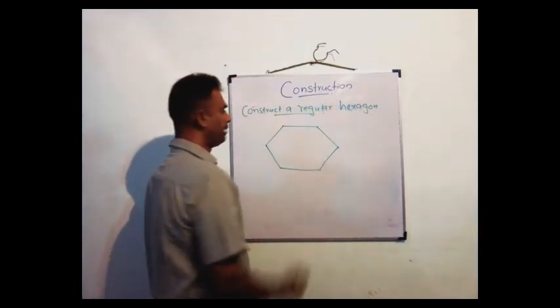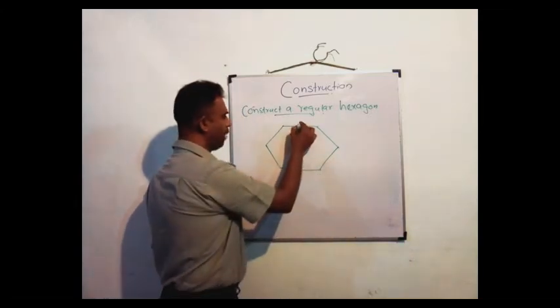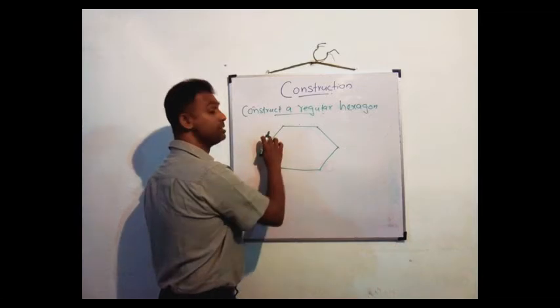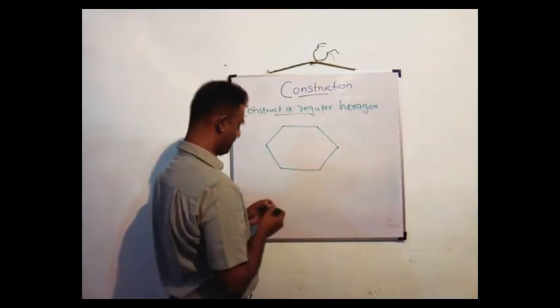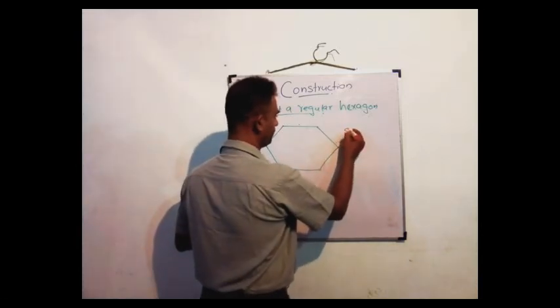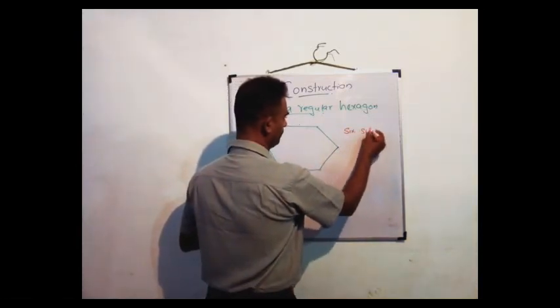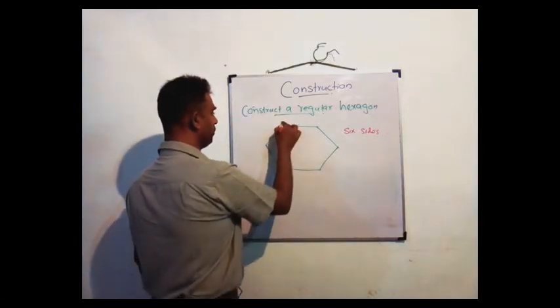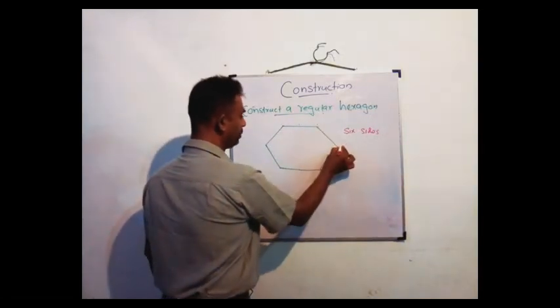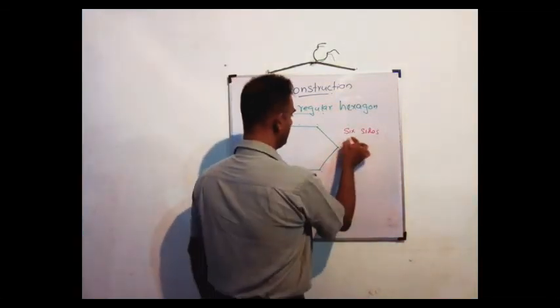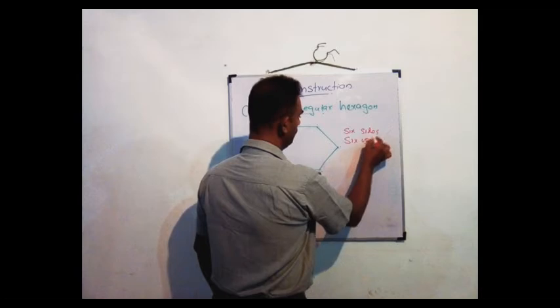Hexagon. There are six sides. 1, 2, 3, 4, 5, 6 sides are there. Next, 6 vertices. 1, 2, 3, 4, 5, 6, right? 6 vertices.